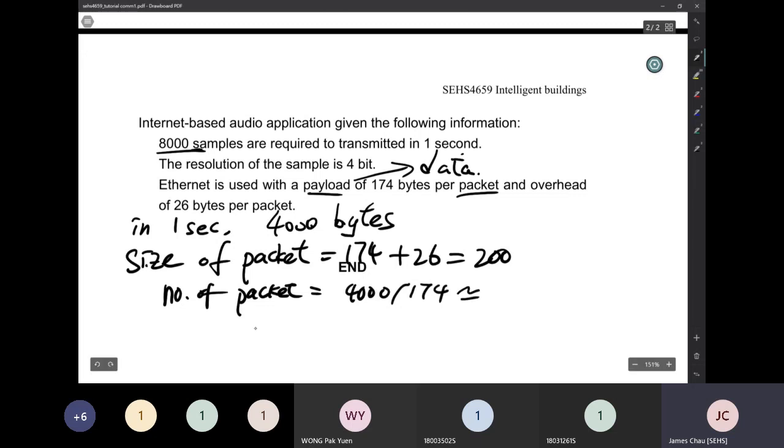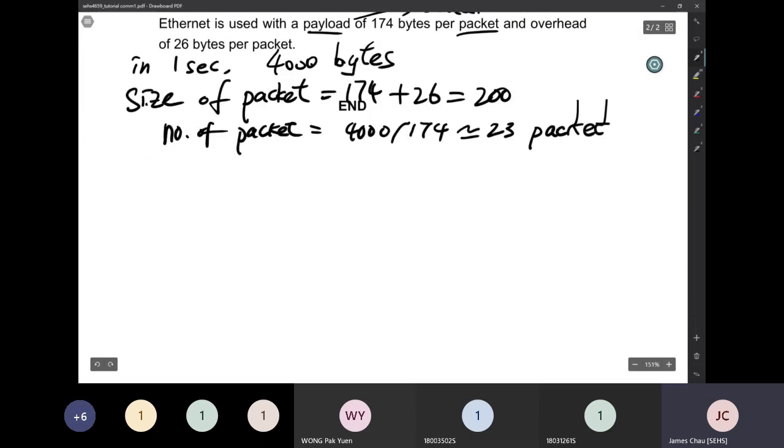And it is 22.7, so you should use 23 packets to transmit, right?